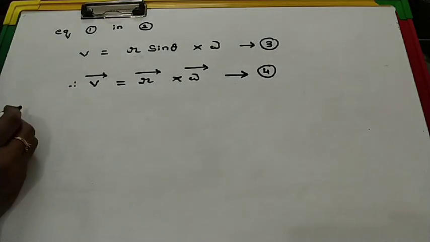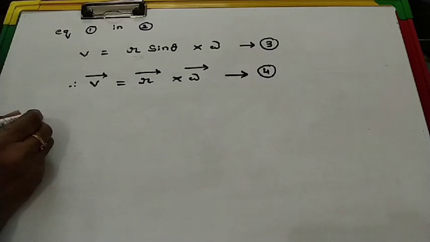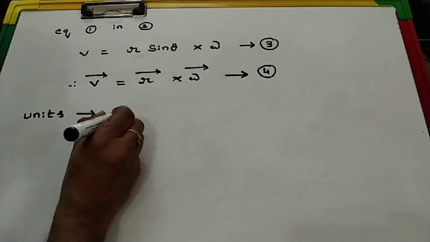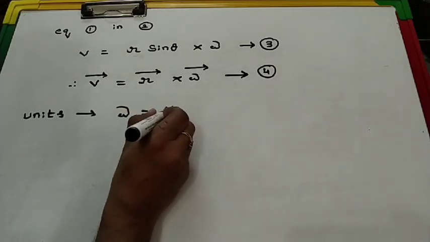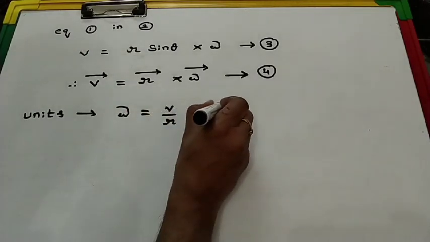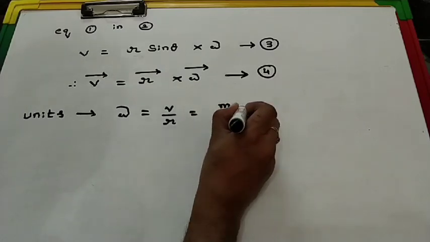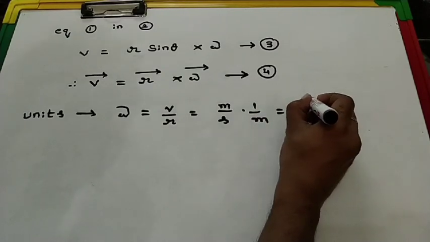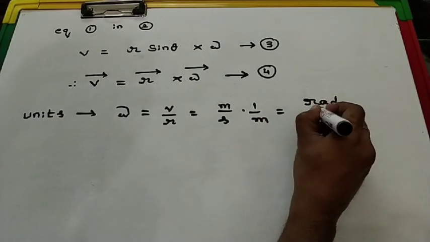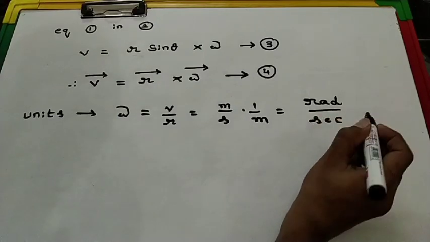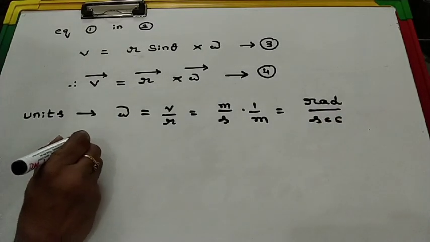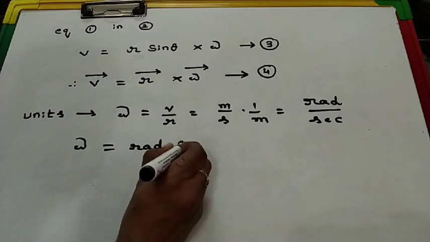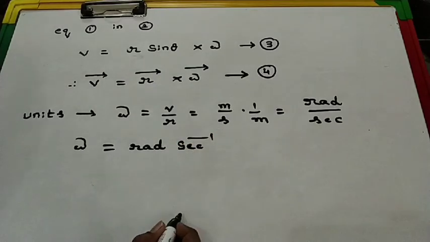Now, units. Omega is equal to V by R, that is meter per second into 1 by meter, that is radian per second. Therefore, the unit of omega is radian second to the power of -1.